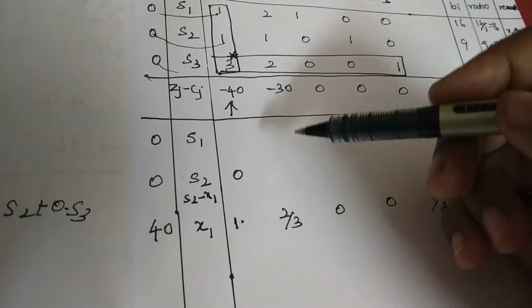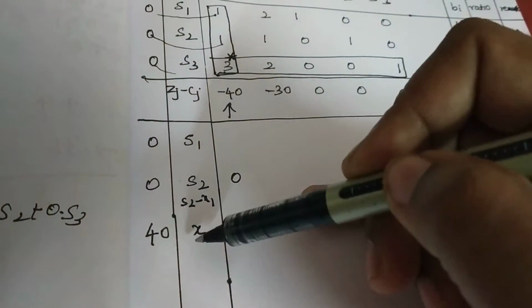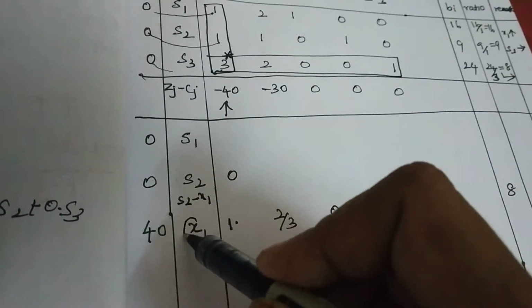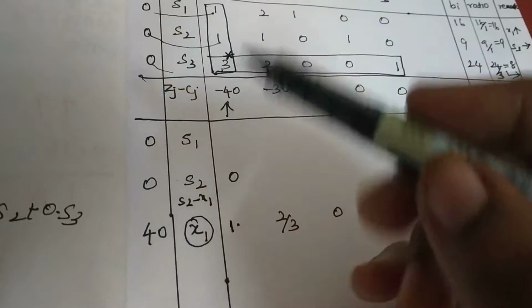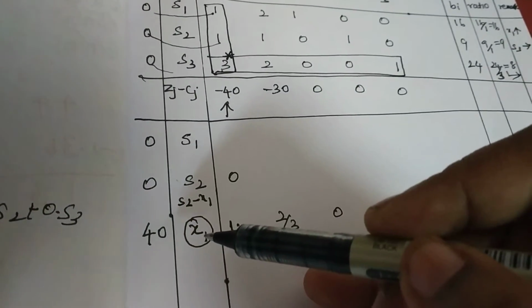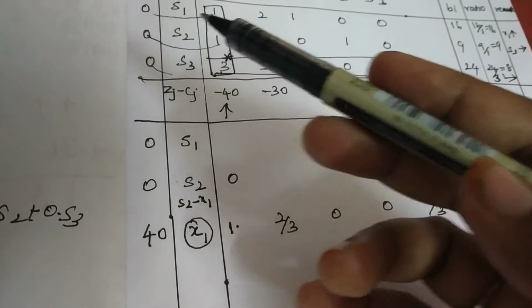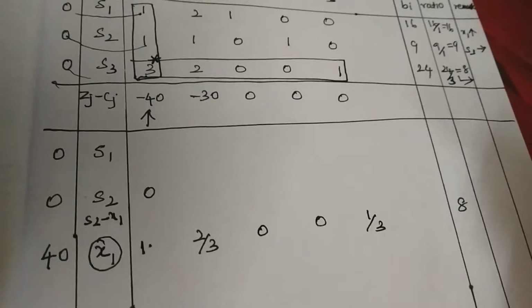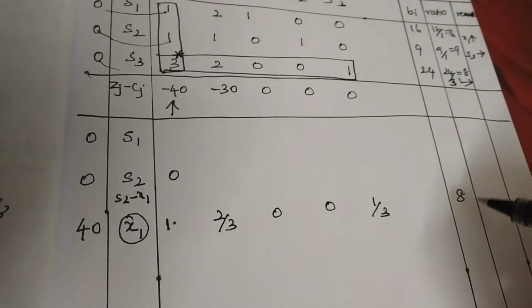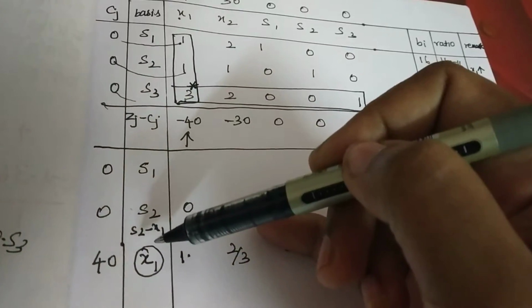Always note this down: S2 minus X1, and S1 minus X1 only. If you write X1 minus S2, you get a wrong value in BI, a negative value. So always go with S2 minus X1 only.